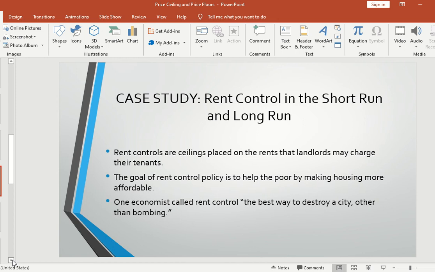We all know that rent controls are imposed because we think that it is fair to help the poor get housing that is more affordable. However, in many examples, evidence has pointed to the fact that rent controls may not help the very group of people it is intended to help. So some economists may even say that the best way to destroy a city is rent control.